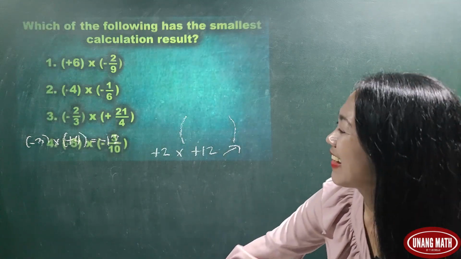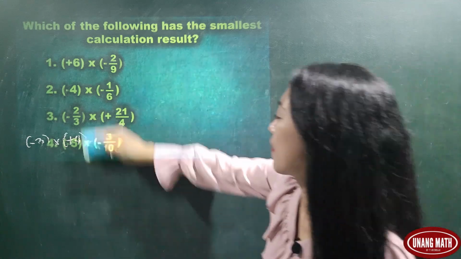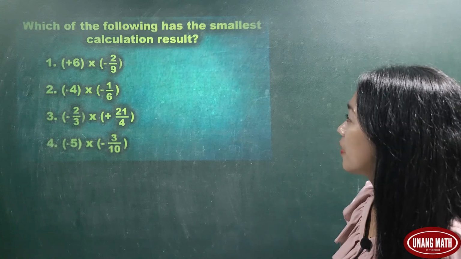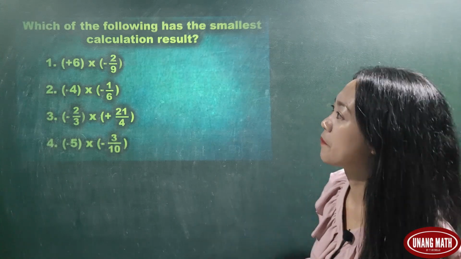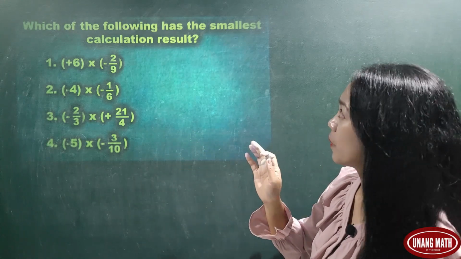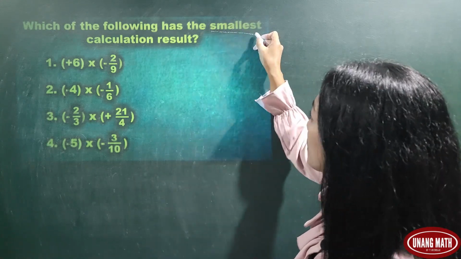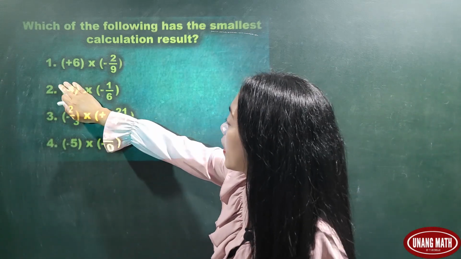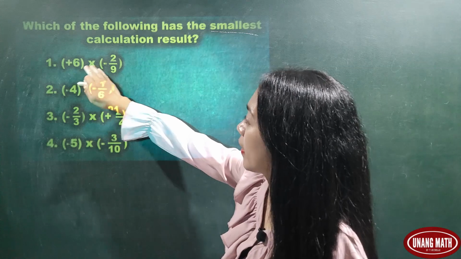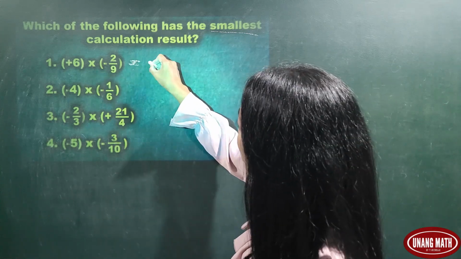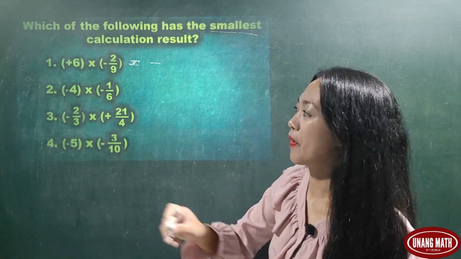Okay, now, let's answer the following problems. Which of the following has the smallest calculation result? So we have here 4 options, and we are going to find which has the smallest calculation result. Let's check the first option here. This is a positive number times a negative number, so the answer is a negative number.